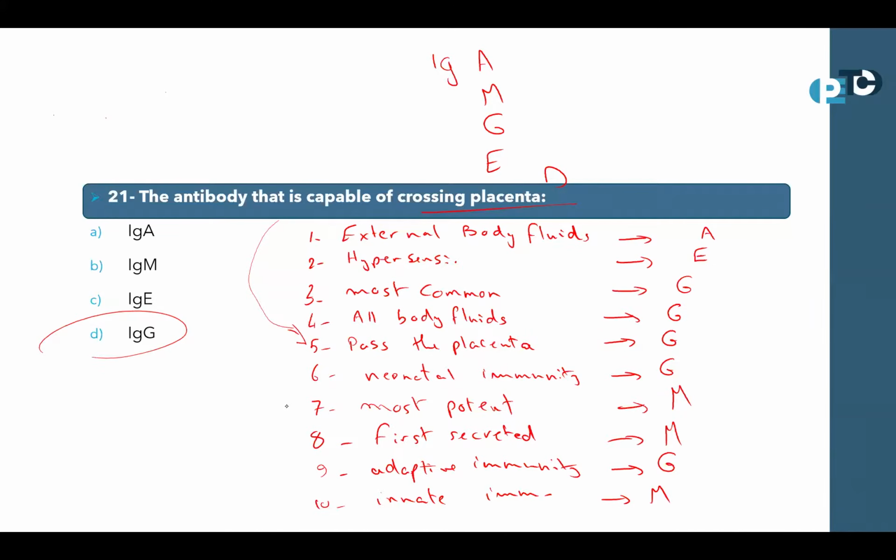While most potent means most effective or more powerful, which is M in this case. There is no note about immunoglobulin D. It's unknown, or there is no study suggesting its accurate function. So there is no note about it.